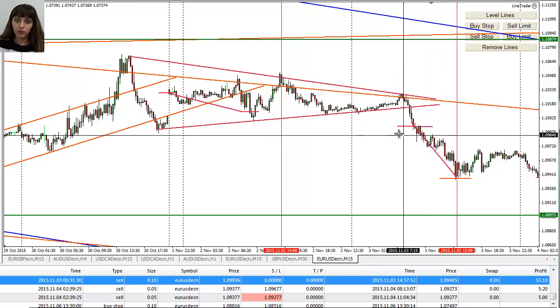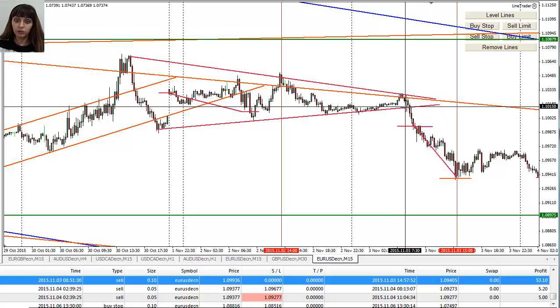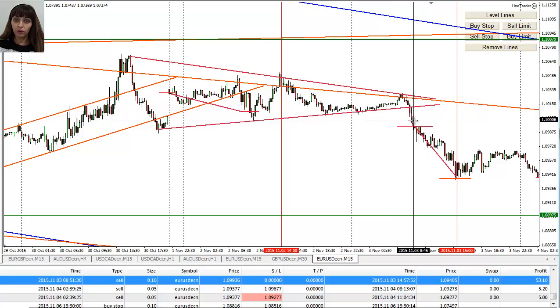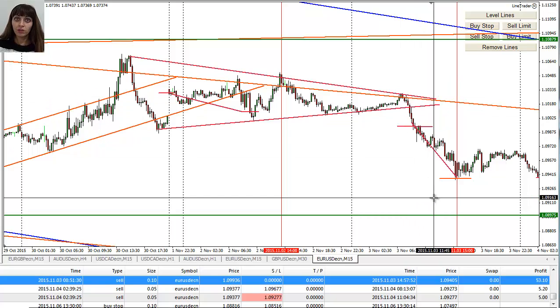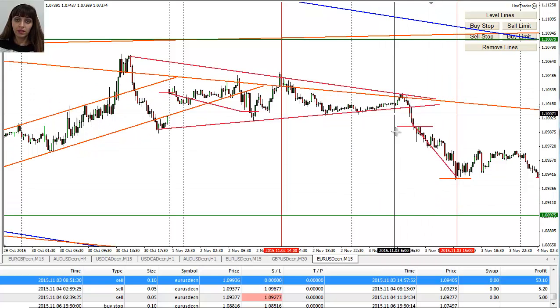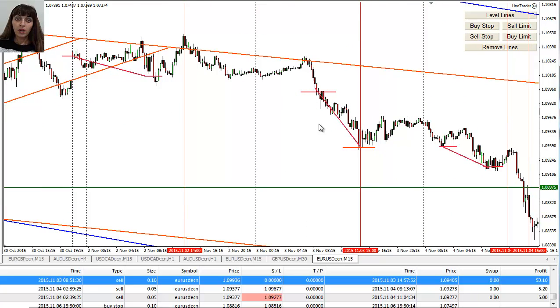You can see we have Europe starting somewhere around 6, 7 o'clock London time, and all the main movements happened in the morning. I'm saying in GMT plus 0, it's in MT4 here. So that's the system you already know. I'm not going to spend time on it, but of course you can see we had a triangle, a very strong one, and that's why I had a very good trade here.